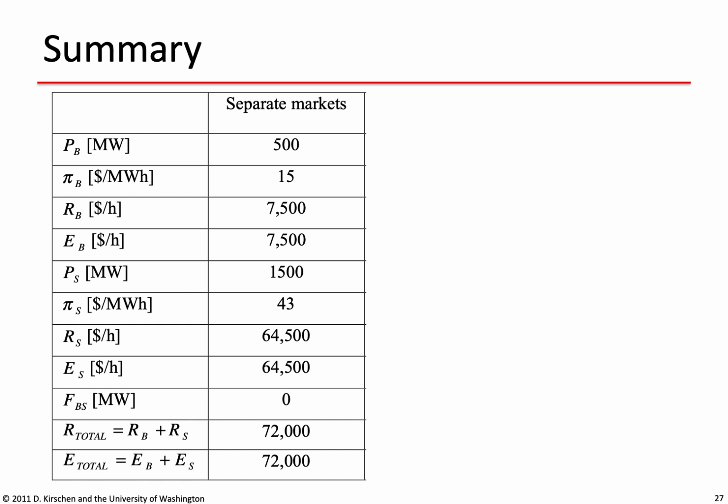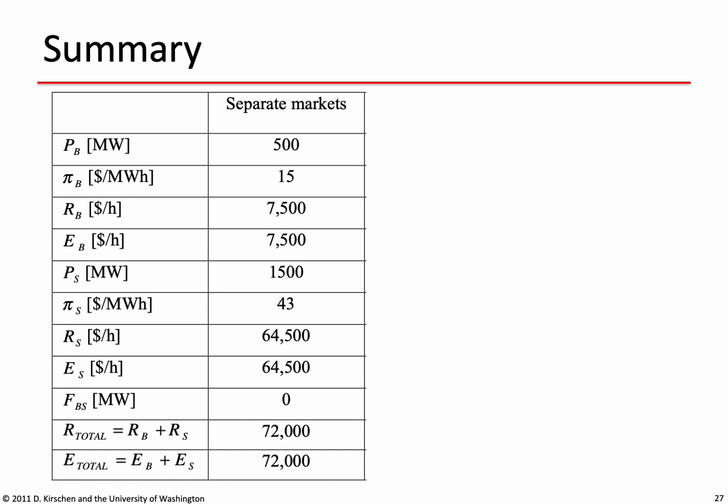In Syldavia, on the other hand, the production is 1,500 megawatts, because it's the load in Syldavia. The price we've seen is $43 per megawatt hour. So the revenue per hour for the generators in Syldavia is 43 times 1,500, or 64,500, which is also the amount that the consumers pay in Syldavia for their electricity.